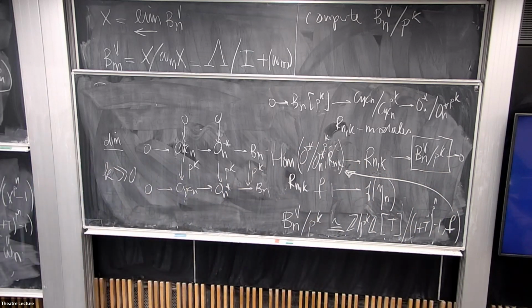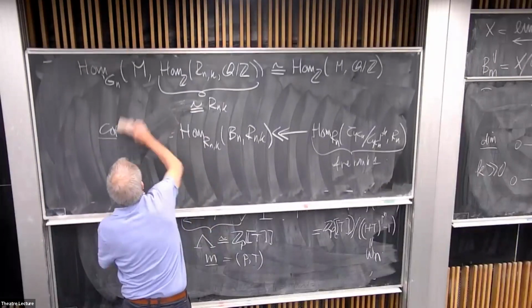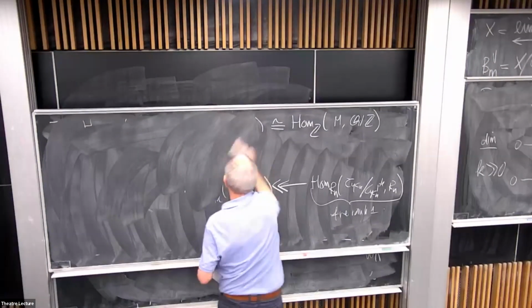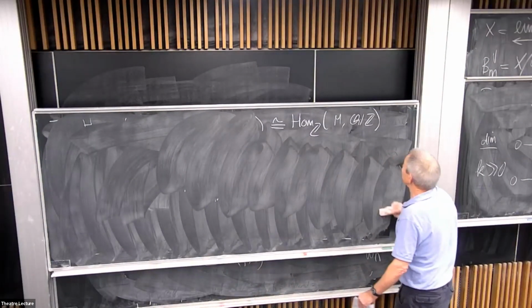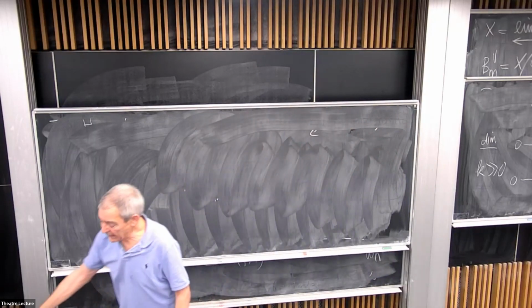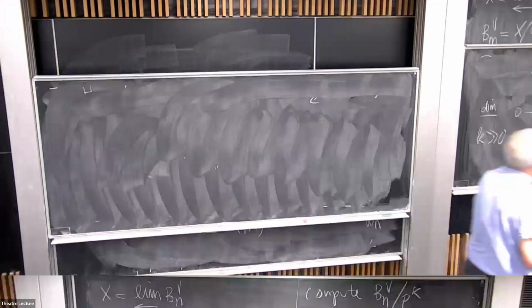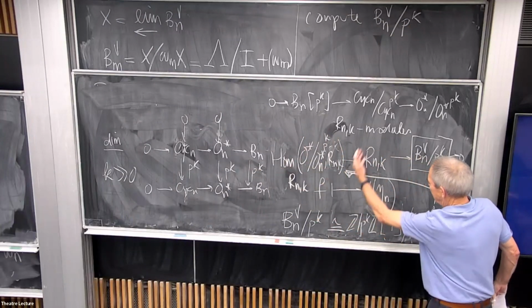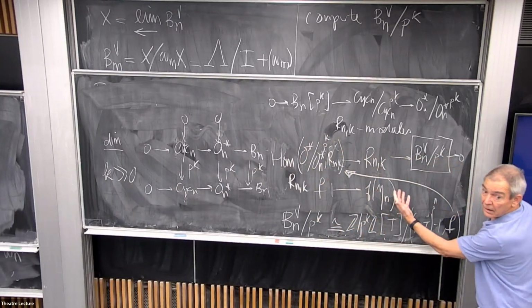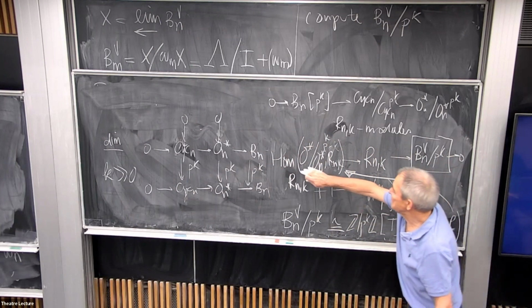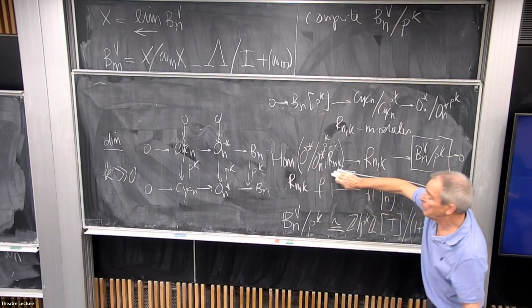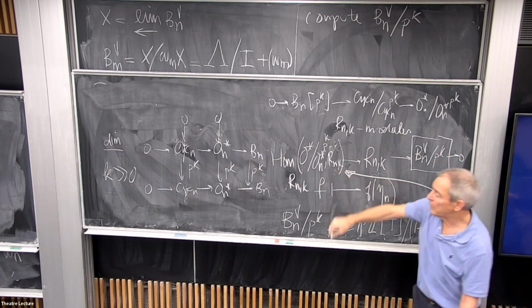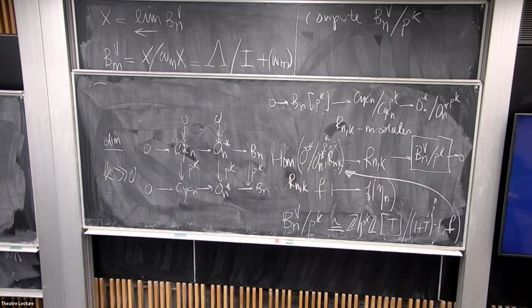And how do we now compute it? Well, you have to find these homomorphisms. You have to find elements in here that give this ideal. And so you need homomorphisms from the unit group to the group ring Rn,k. And where do we find those? Well, we find those as follows.